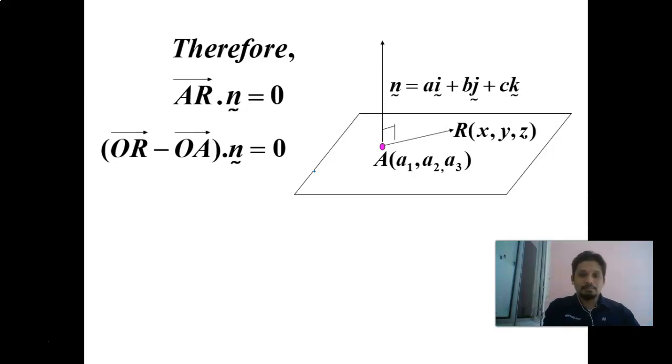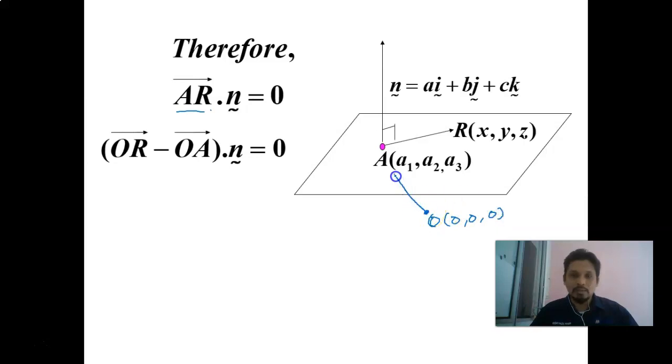So then n dot AR equals 0. As we know, just imagine that in this vector space there's an origin point O at 0, 0, 0.